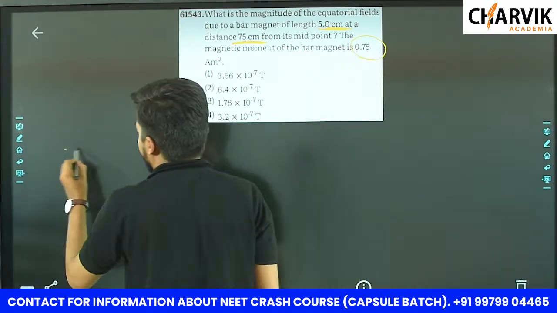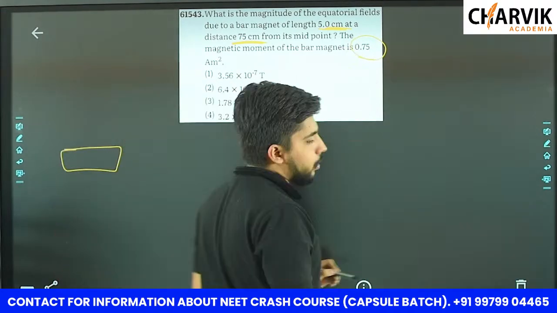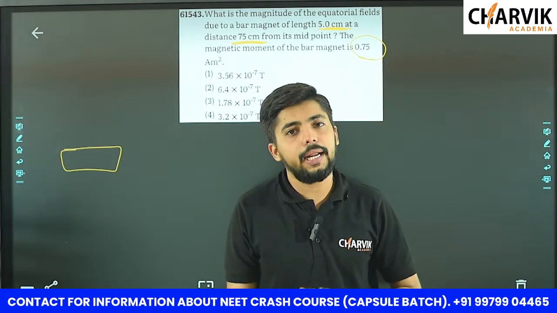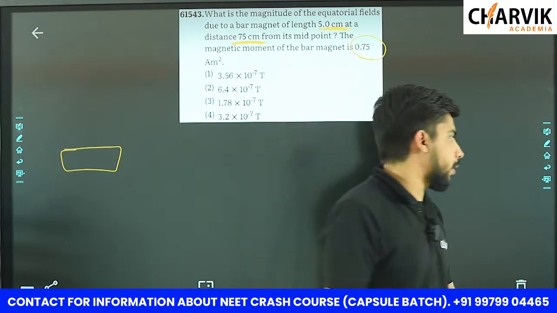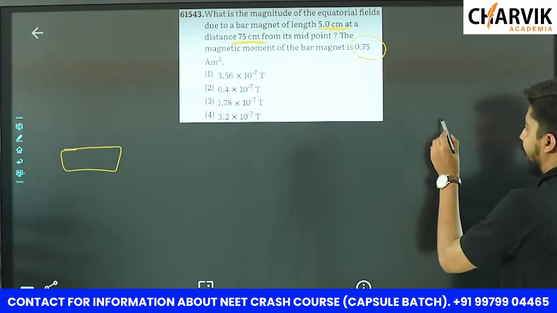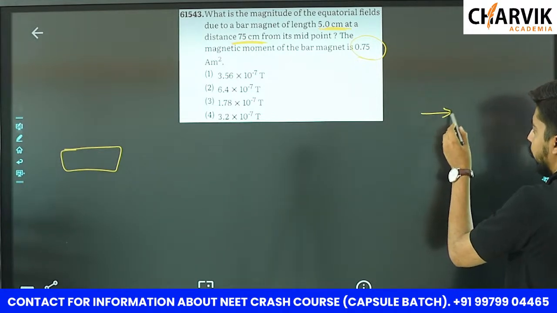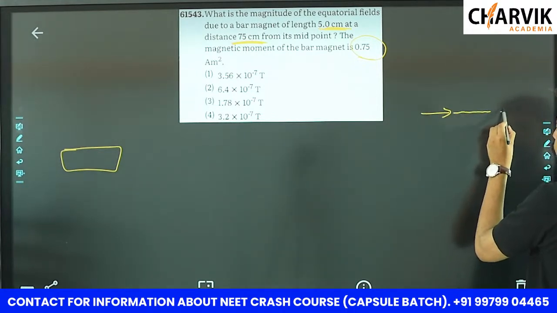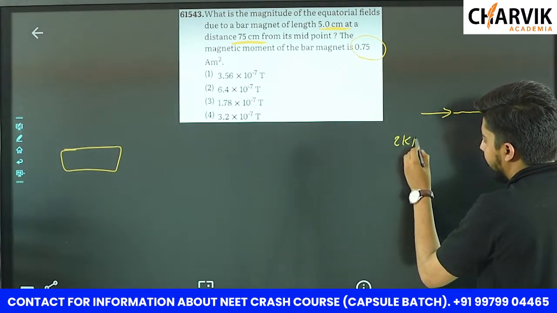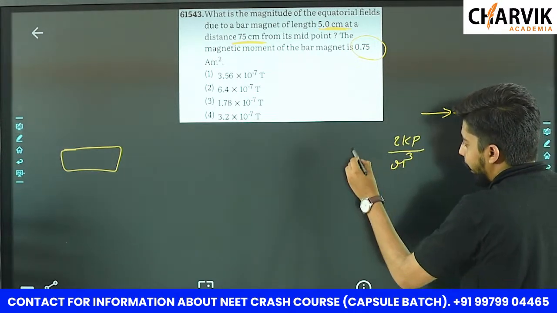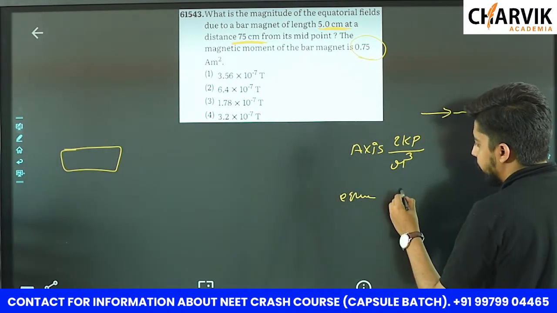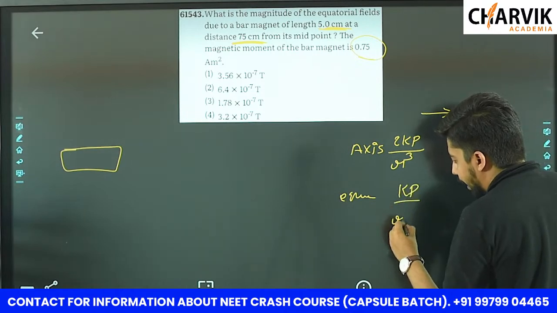If you have a magnet, we have just discussed it for the electric field, and there is a synchronicity between electrostatics and magnetostatics. We discussed a few minutes ago in the other question that if you have a dipole moment, then on the axis the electric field will be 2kp divided by r cube, and for the equator it will be kp divided by r cube.